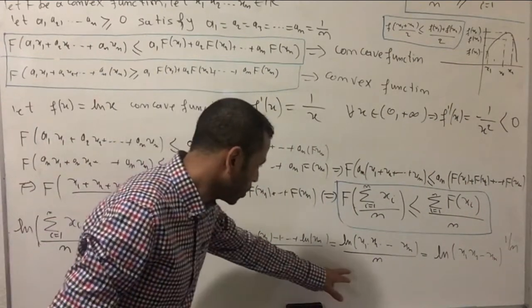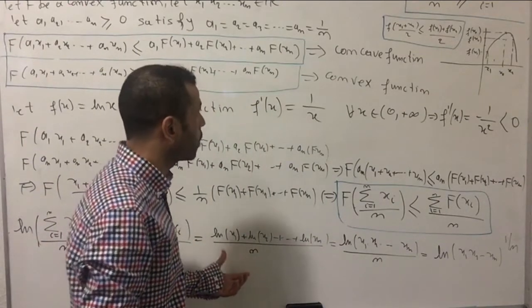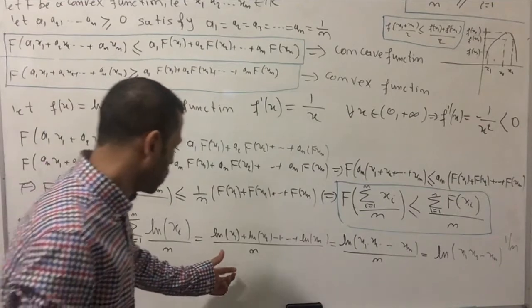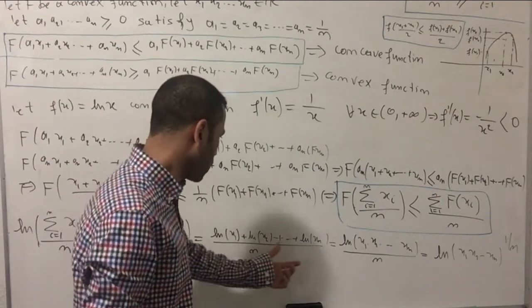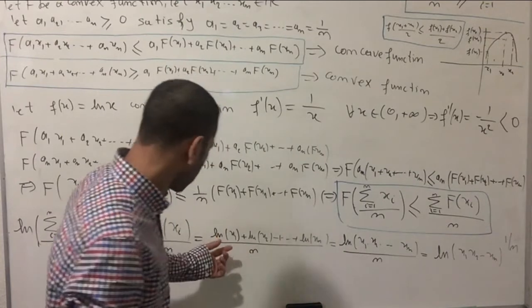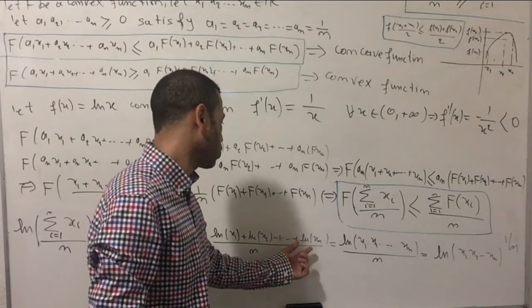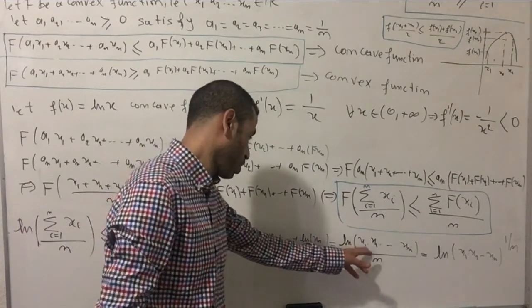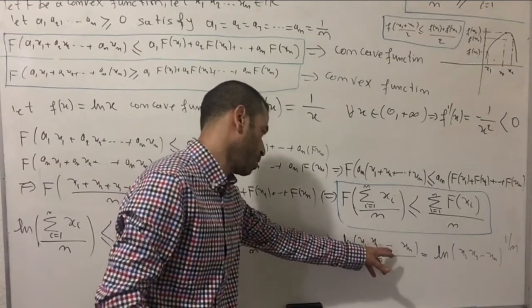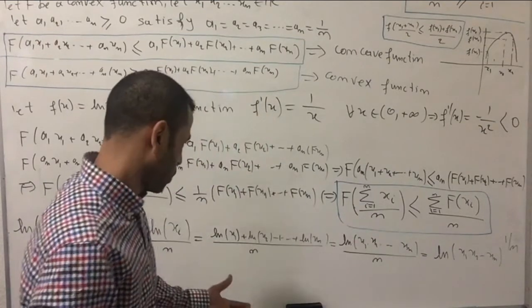So as you see here, I'm applying the natural log rule. So natural log of x1 plus natural log of x2 and so on until you get the last term natural log of xn equals natural log of x1 multiplied by x2 multiplied by x3 until you get the last term xn, over n.